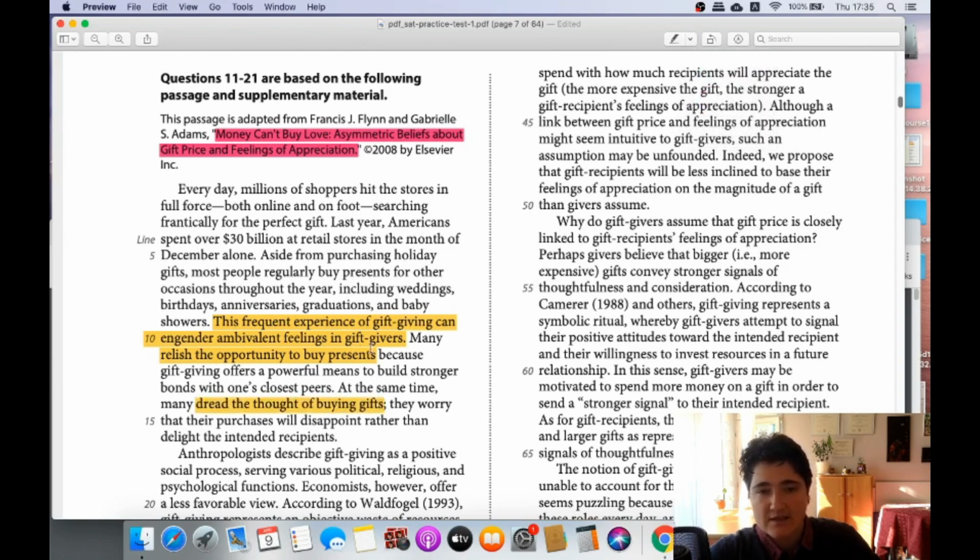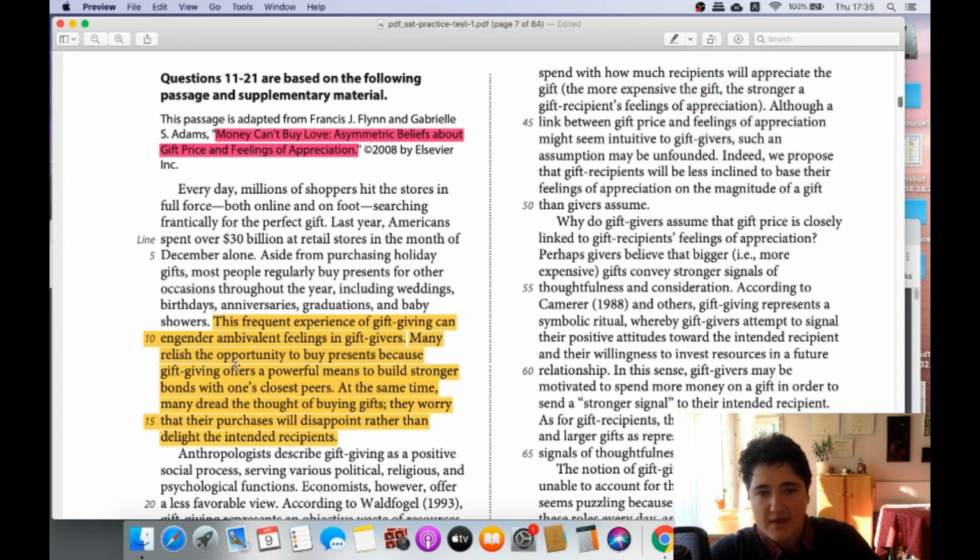So these two sentences afterwards explain why people have ambivalent feelings. So this is the main thesis, and this also is part of the thesis. It's more explanatory, but it's still part of the thesis. So, what are the ambivalent feelings?